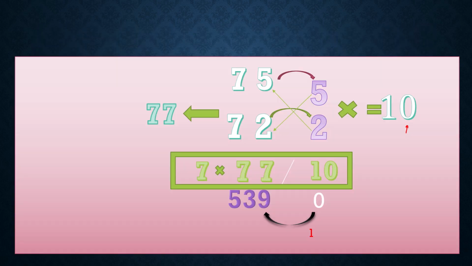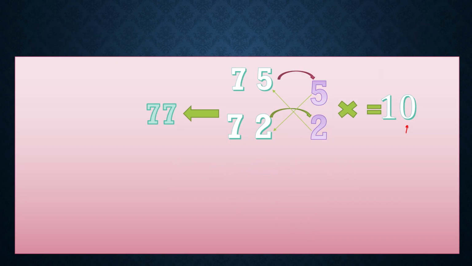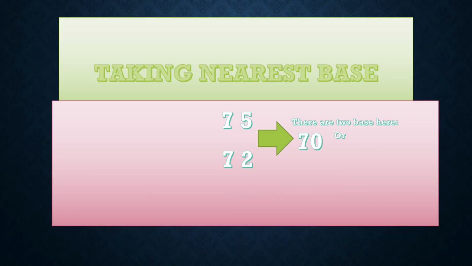So let me quickly remind what happened here. We take two numbers. We are using the nearest base method. Now we see that there are two bases here. One is 70 or one is 80. Bases are the nearest values, like 70, 30, 50.